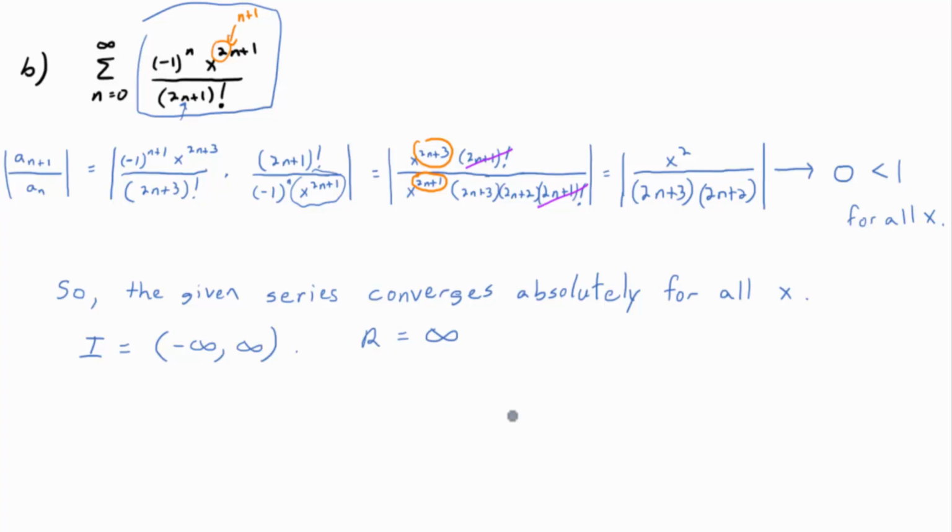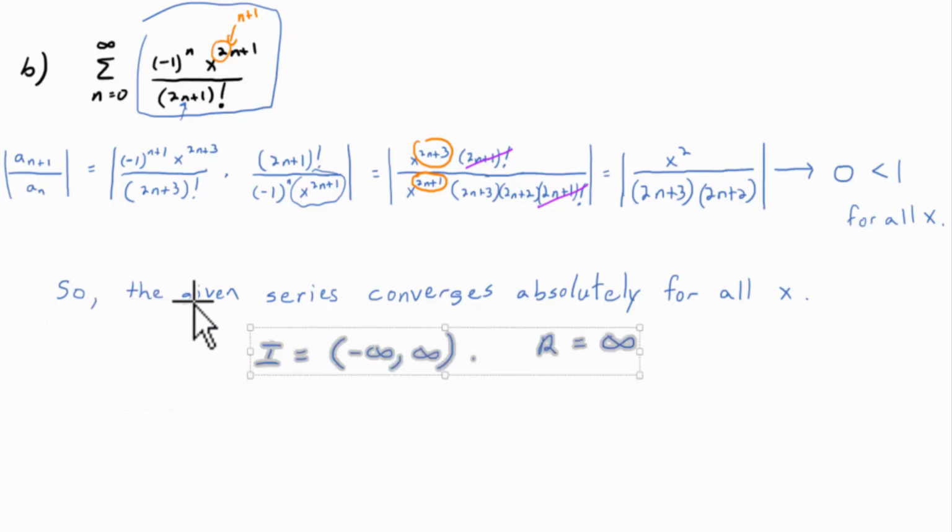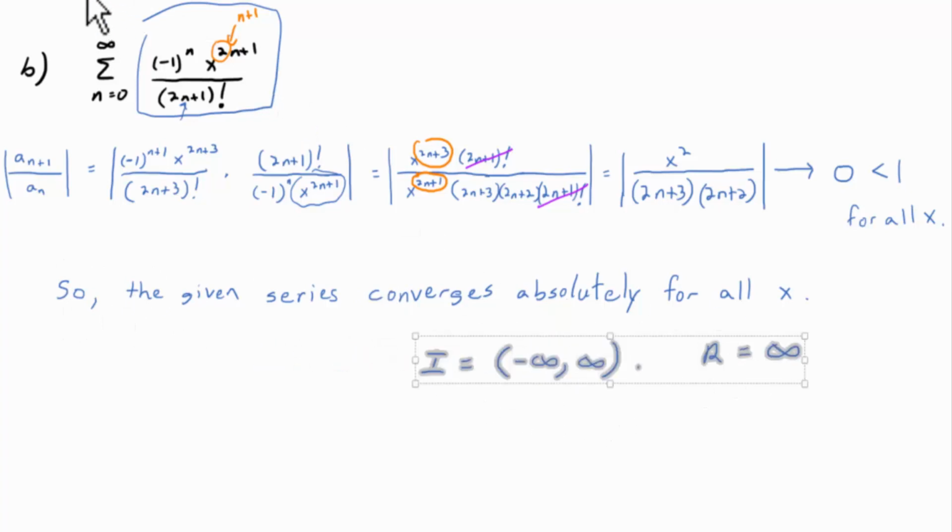Now one thing I didn't mention in this, and this is why you proofread, so you find mistakes like this. How do I know this? What test am I using? By ratio test. At some point, and I don't really care where you put it, you could say, so by ratio test the given series converges absolutely for all x, or you could put it at the end.